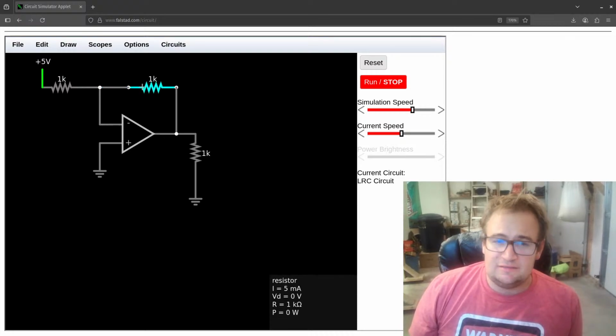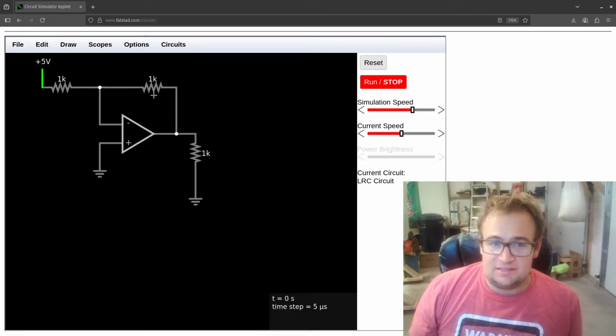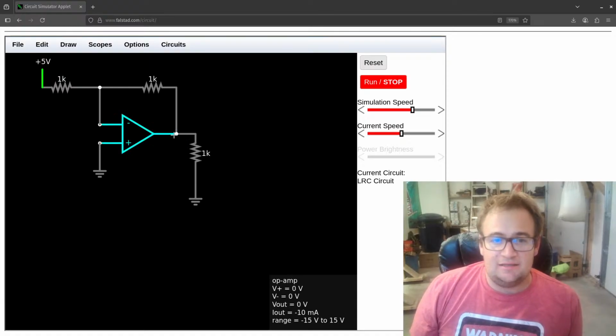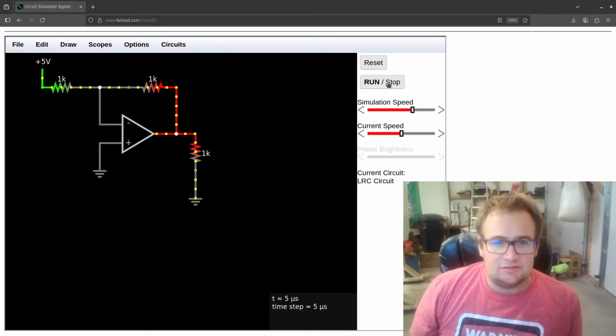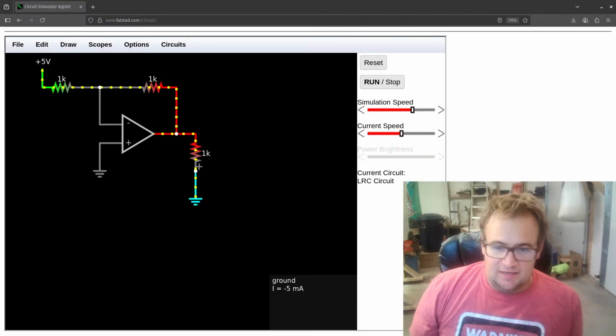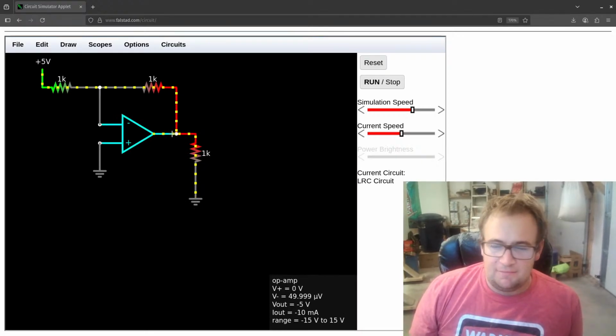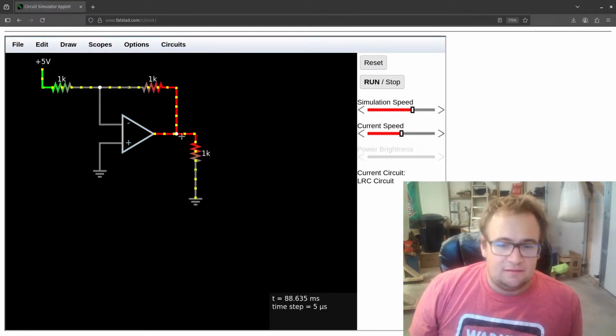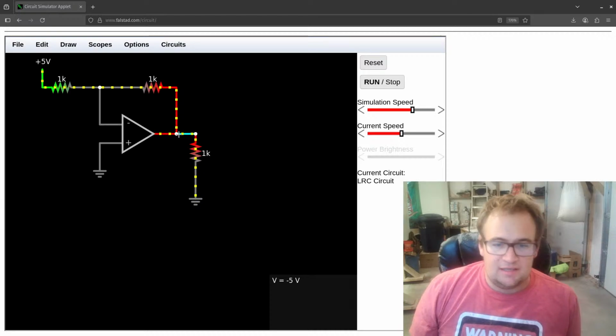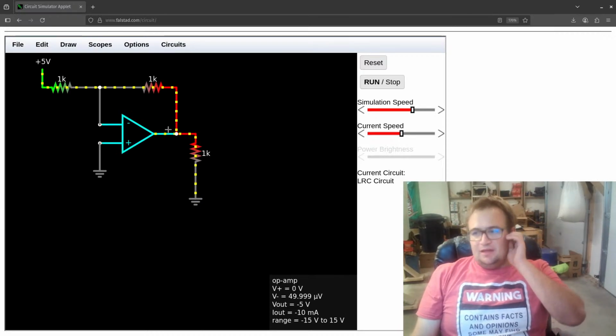So because this is another minus 5 volts, that means the output has to be minus 5 volts. So let's just run that. And as you can see, the current flows this way, minus 5 milliamps, and the voltage is minus 5 volts.